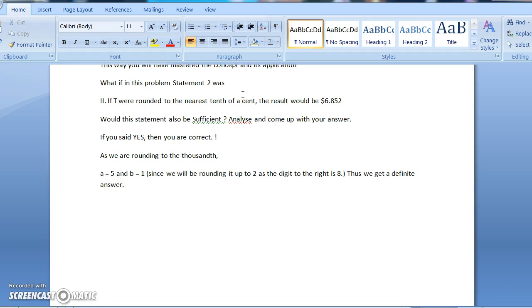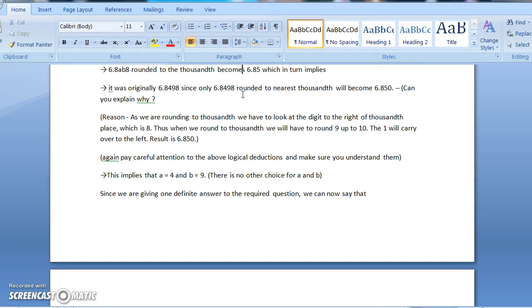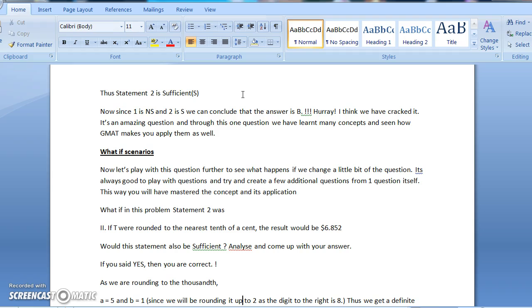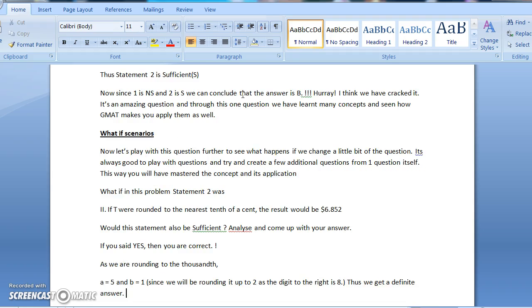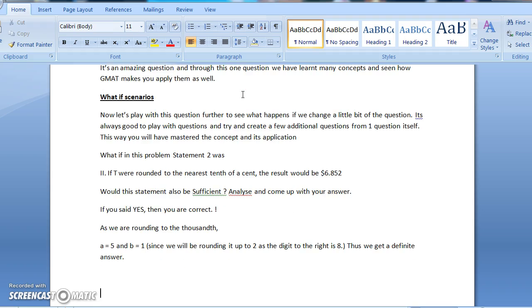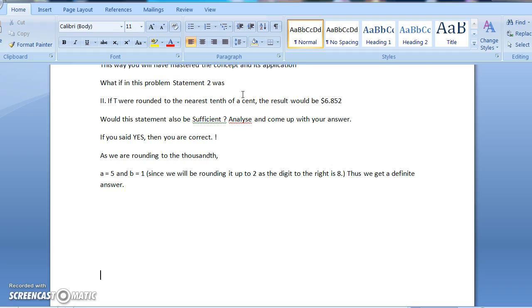And since to the right of the thousandth place we have 8, we know that the rounding has to happen and we are going to round it up. And so we can say safely that B was originally 1 and A is untouched and it is 5 since we are rounding it up. Thus we get a definite answer that A is 5 and B is 1.